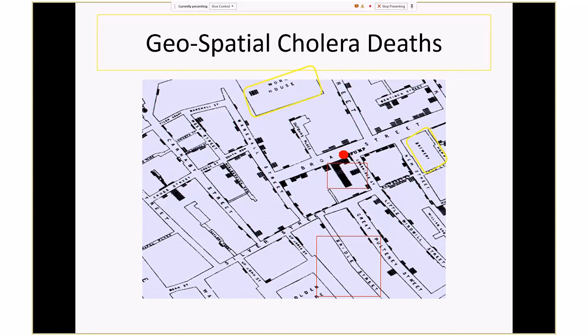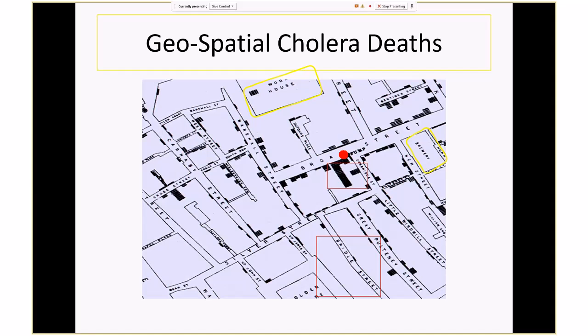And each of these black rectangles is actually a coffin. Each one represents somebody's death. And when he laid it out graphically, what he showed was that the closer you got to the pump, the more deaths you had, and the farther you got away, the fewer there were.